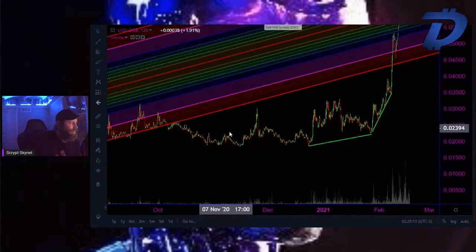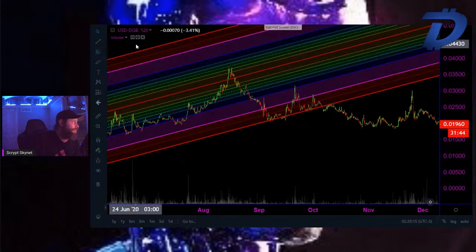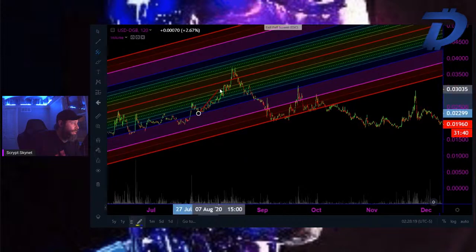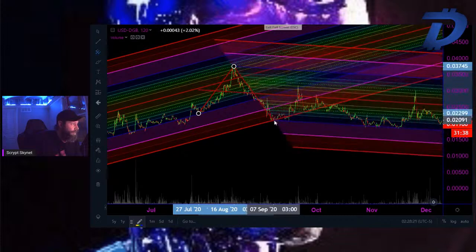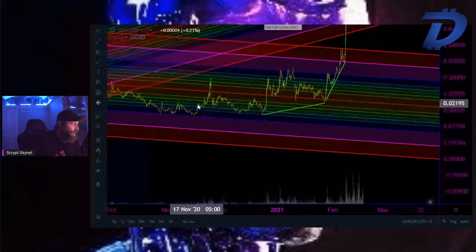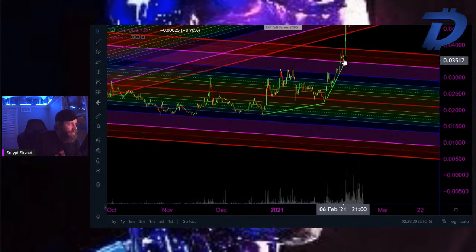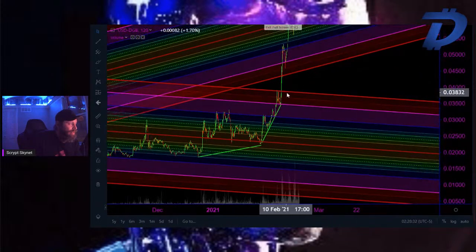But then it was in a different zone, and basically how you do that is, I'm going to make this kind of wonky here for a second, but this is how you did that zone, right? And then the pitchfork was going down, and then I was tracking it within here. See how it respected pretty well, and then all of a sudden it broke out. I was like, oh no, now it's a parabolic rise, right? So I'm going to remove this.